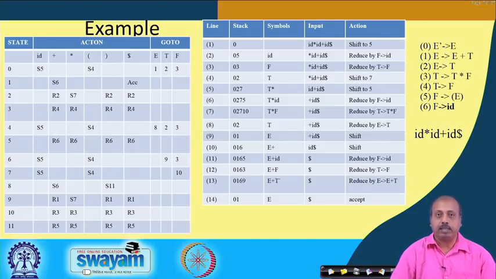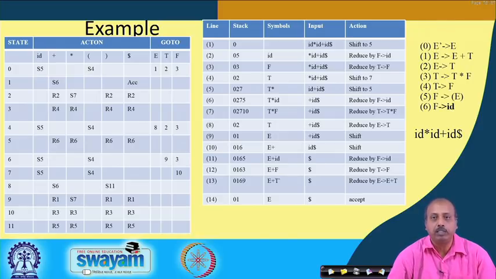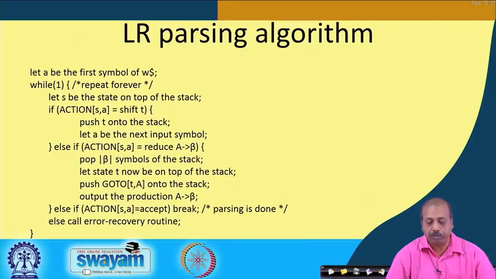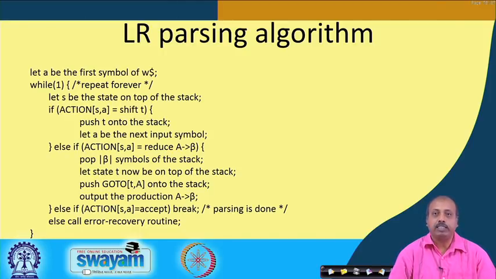Once the action part and goto part have been made, we can use the parsing algorithm that we have seen previously for parsing the input string. At the end, if we find that we are at a state where the action is accept, then parsing is over.